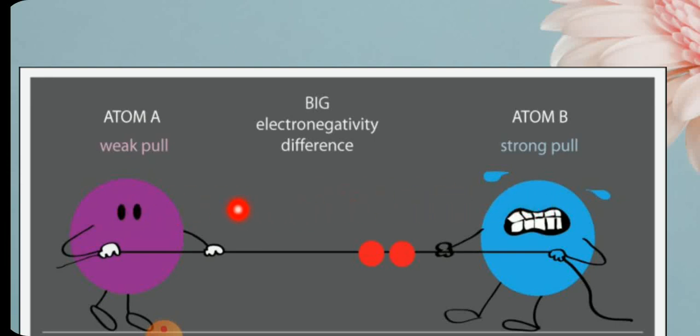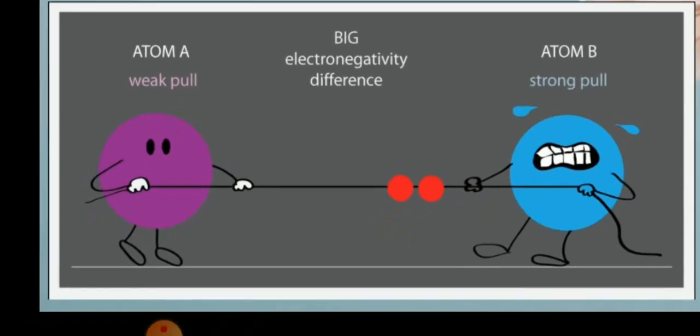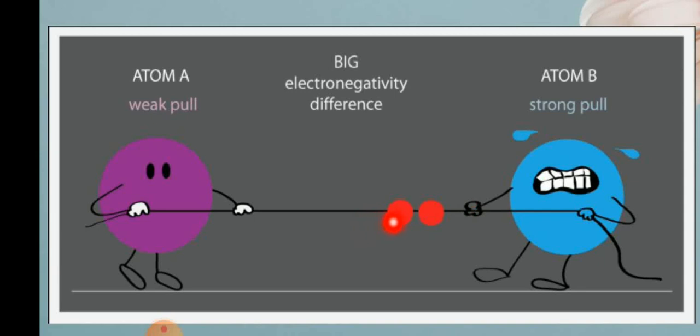In between is the A–B bond. So that single bond is formed by what? Mutual sharing of a pair of electrons. In this animation, can you see these two red colored dots over here? These are a pair of electrons, two electrons, present between atom A and B in the single bond.